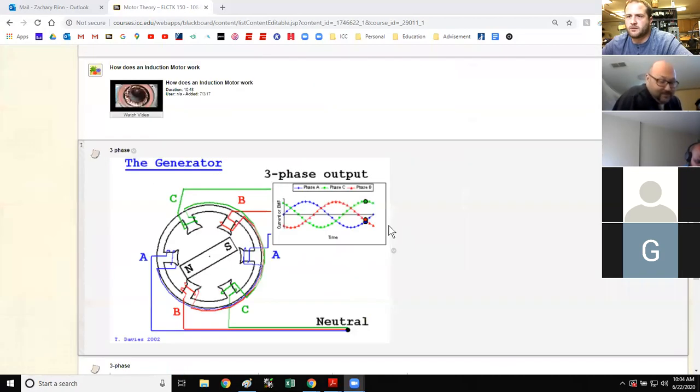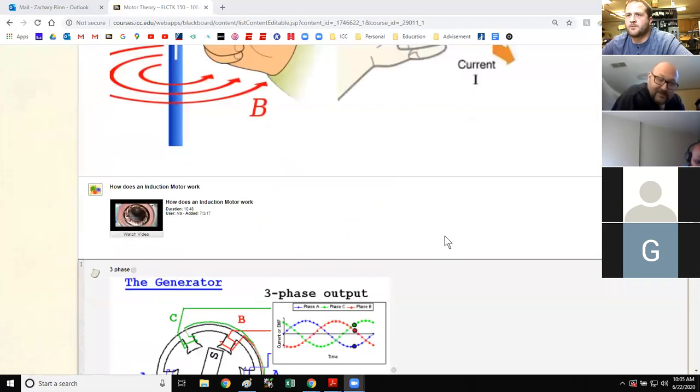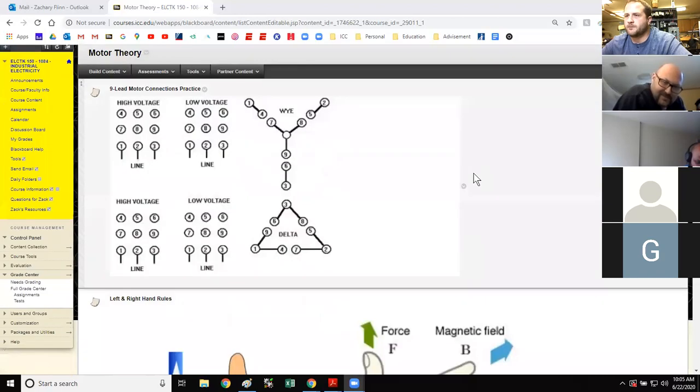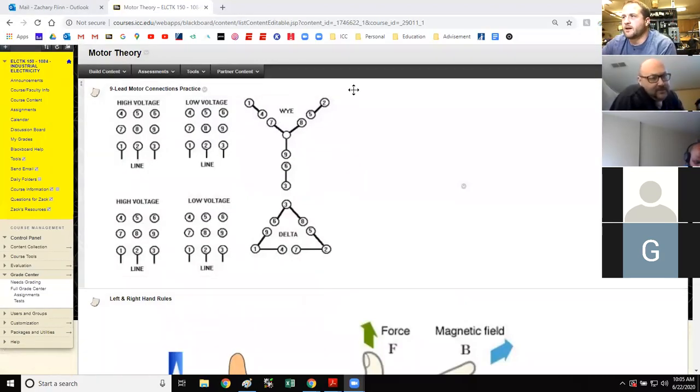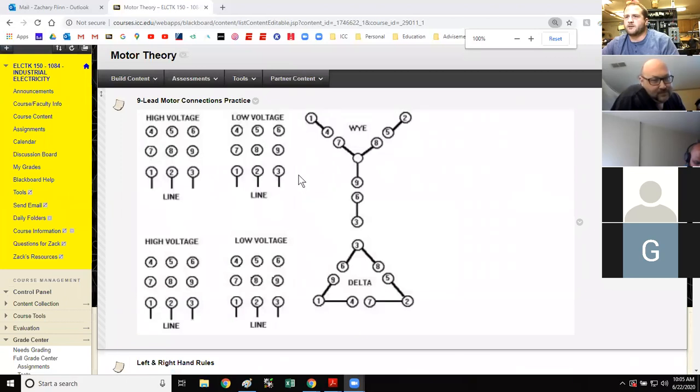What else do we need to cover here? 3-phase 9-lead motor. The motor behind me has a diagram on its nameplate that looks like this, but without the right-hand side.